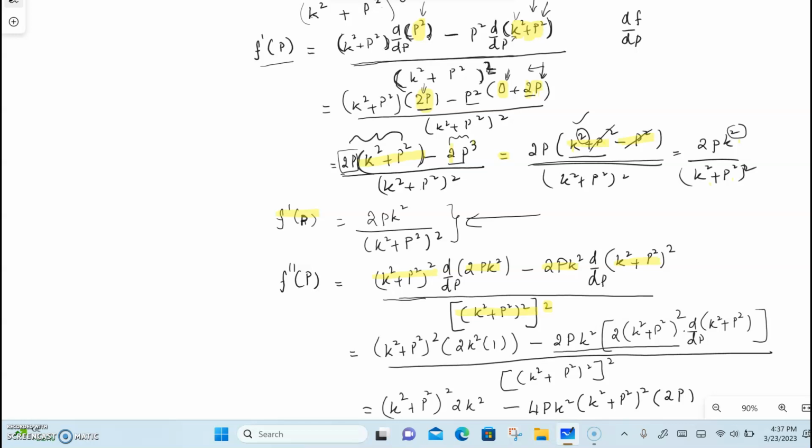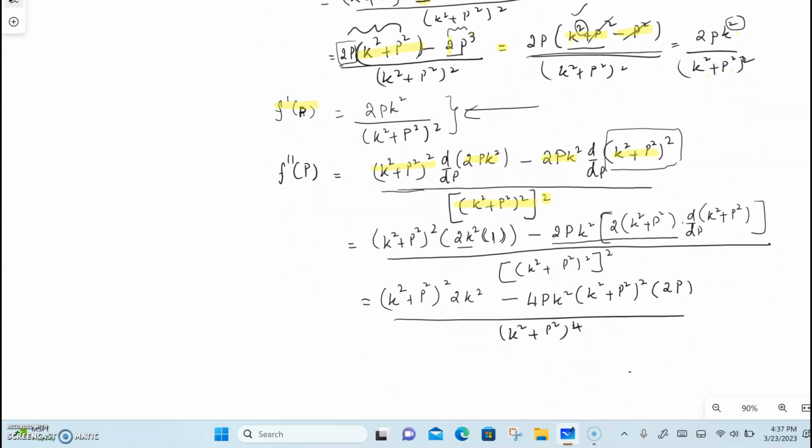D by dp of 2pk squared is 2k squared, which is the constant. We leave it alone. dp by dp is 1, minus 2pk squared times, and we're going to differentiate k squared plus p squared the whole squared. So it's 2 times k squared plus p squared to the power 2 minus 1, that is 1, times d by dp of k squared plus p squared, which is the inner function.